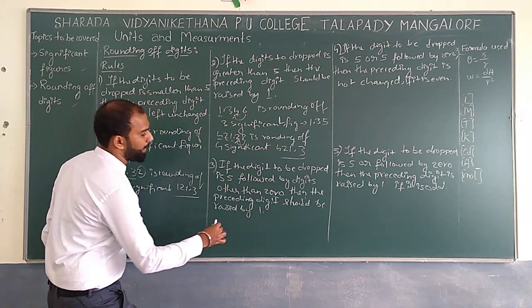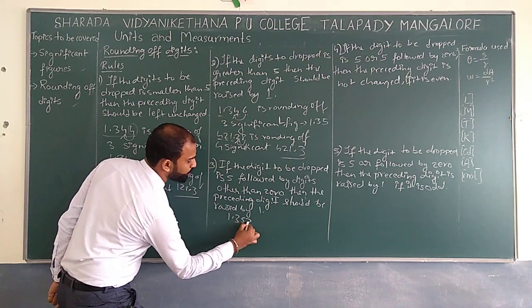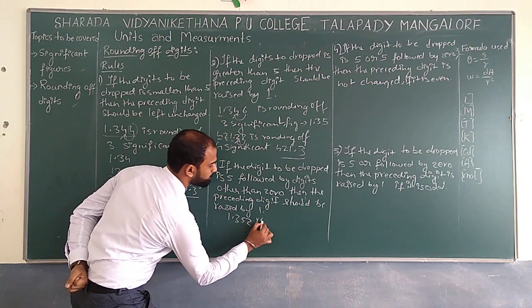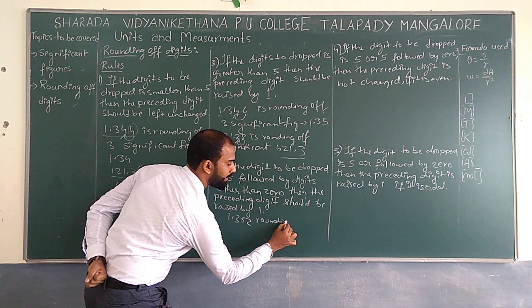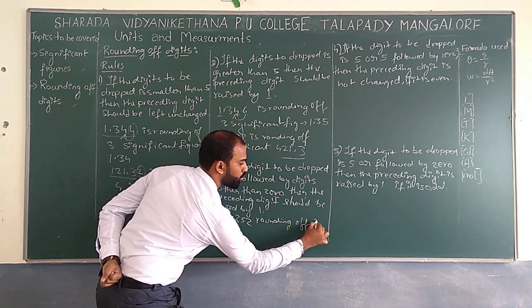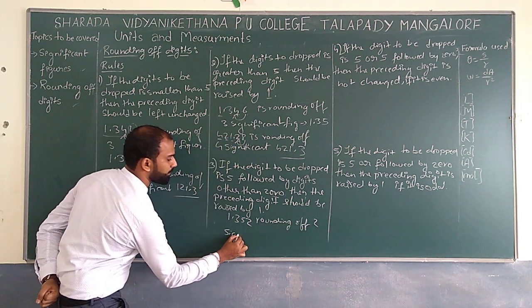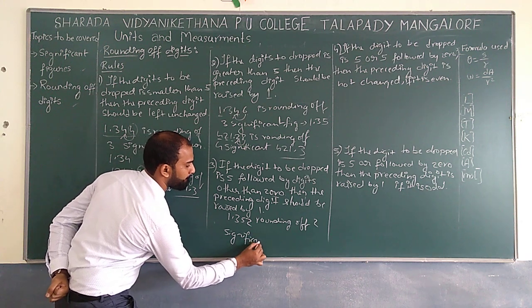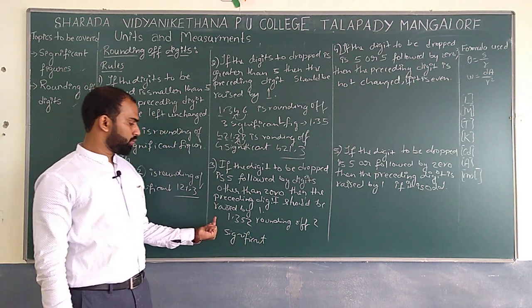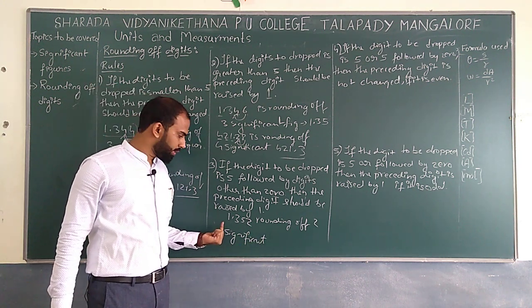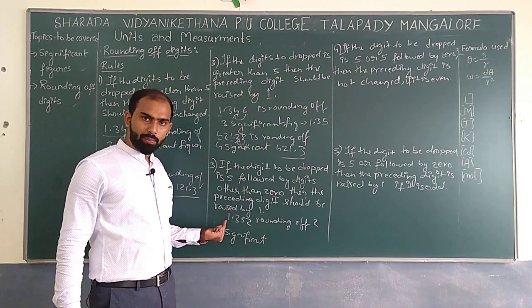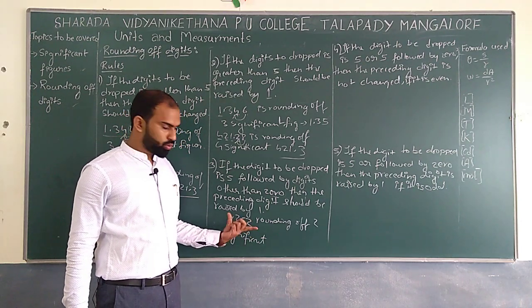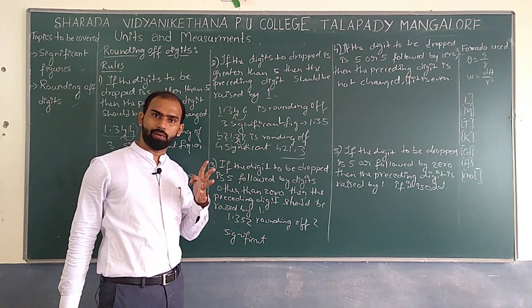For example, 1.352, rounding off to 2 significant figures. How many significant figures are there here? From the MSF 1 to the LSF 2, altogether 4 significant figures.